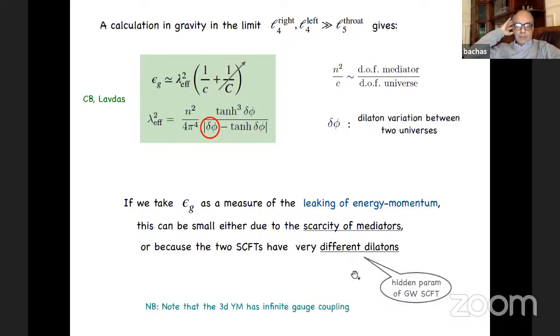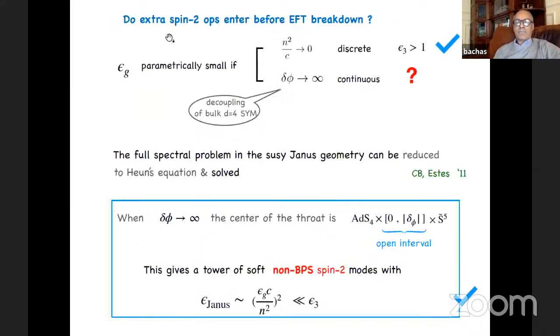You can look at the paper for the dictionary. Note also that the three-dimensional mediator has infinite gauge coupling. So the fact that the gauge coupling is infinite doesn't mean that the two universes couple strongly. I mean, epsilon can be made arbitrarily small.